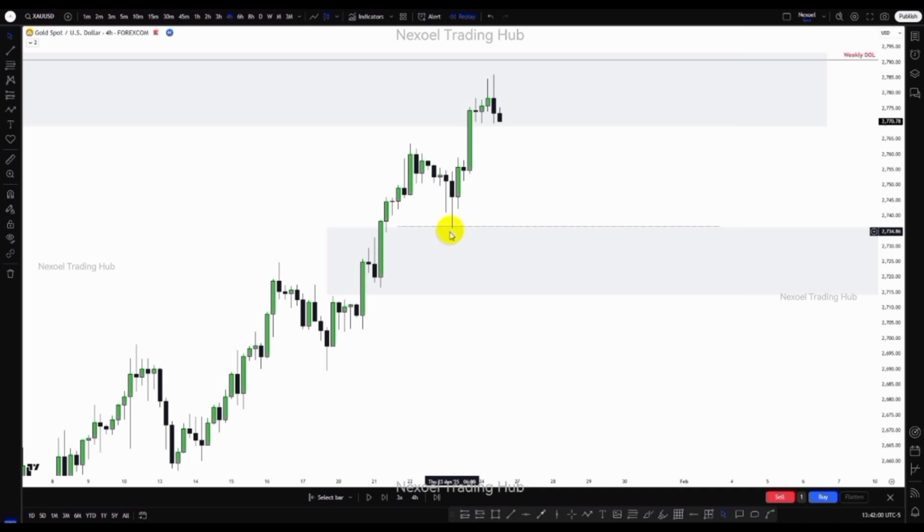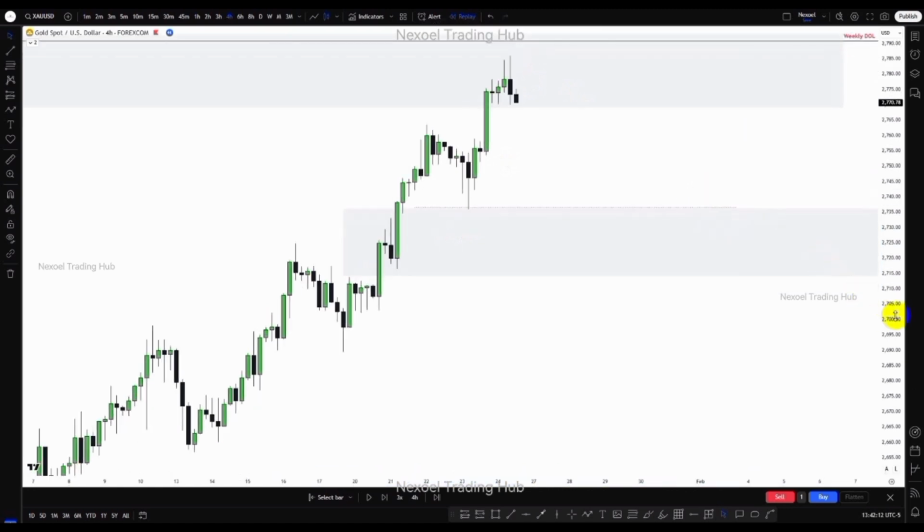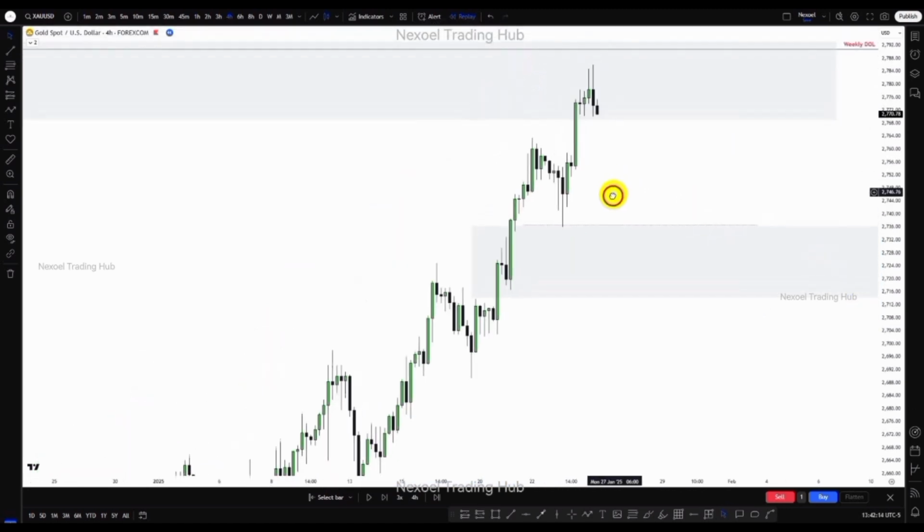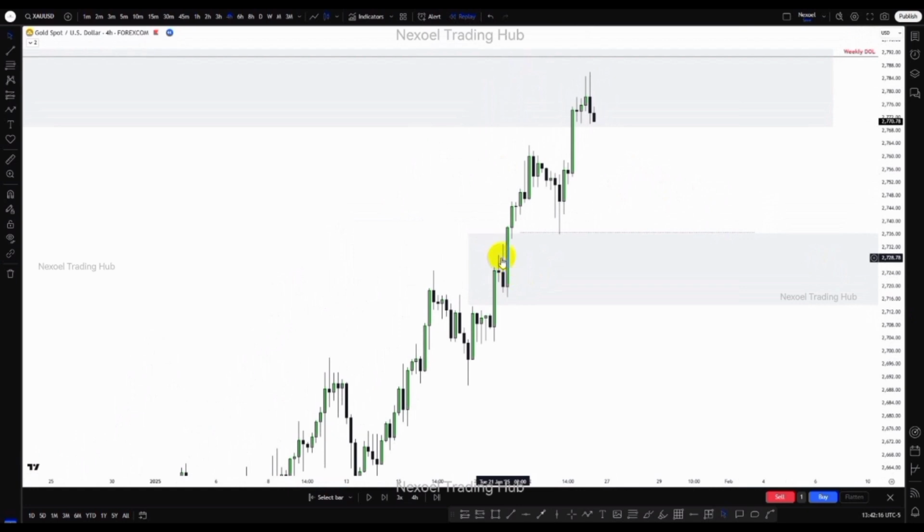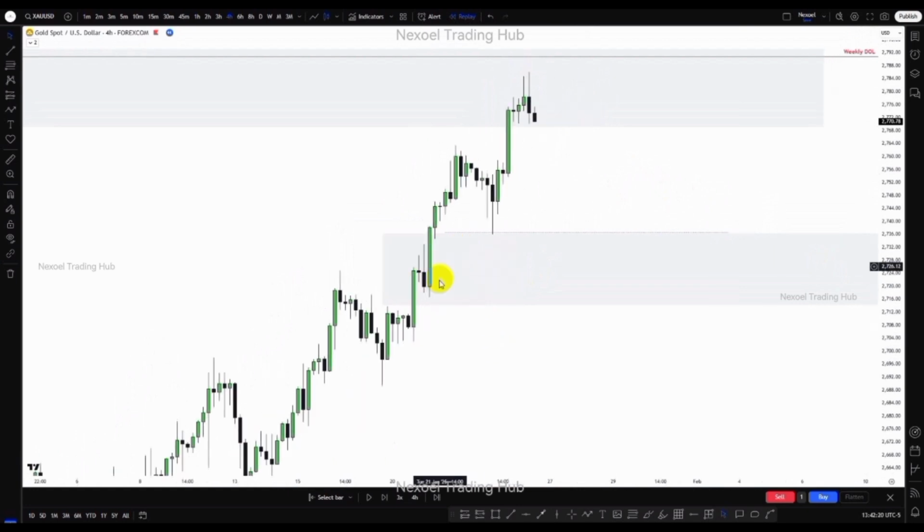What we must understand is that when we identify fair value gaps in a higher time frame, most times when we drop to a lower time frame, you will see the possibility of identifying an order block within that fair value gap zone. Clearly here in the 4-hour time frame, we have this order block within the daily time frame fair value gap.